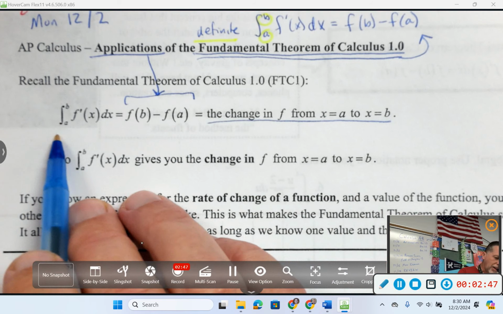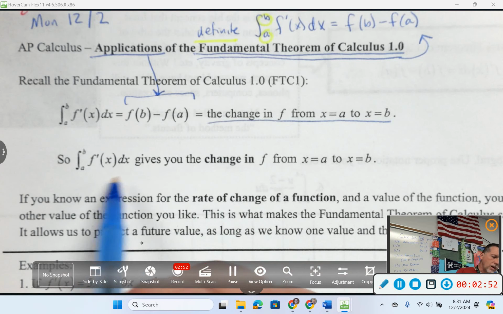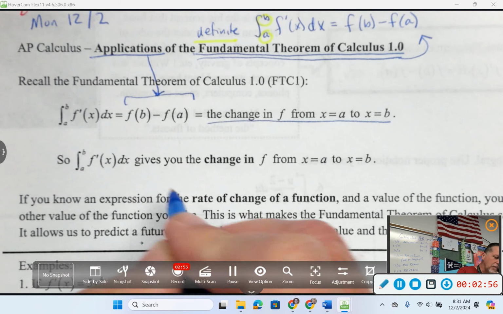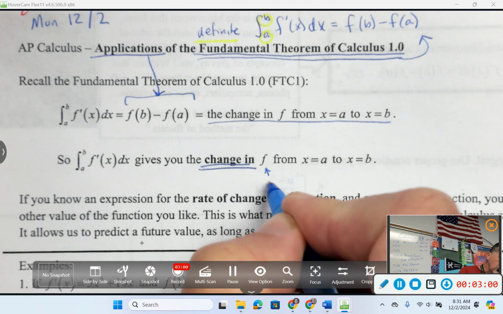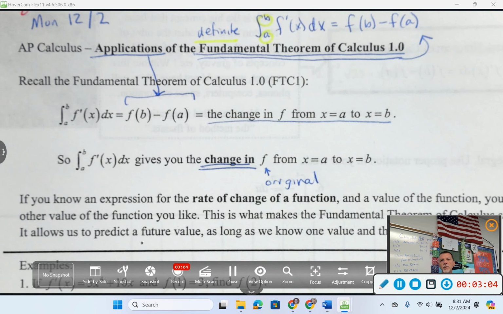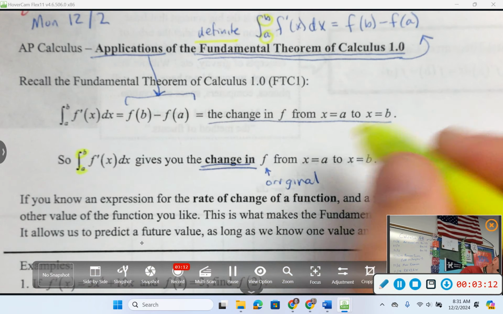If we take an antiderivative of the derivative, we get back to the original. And so I guess what we want you to realize is that this antiderivative of a derivative gives you the change in the original. So be careful. It gets you back to the original, but because of those limits, it gets you the change in the original from a to b.